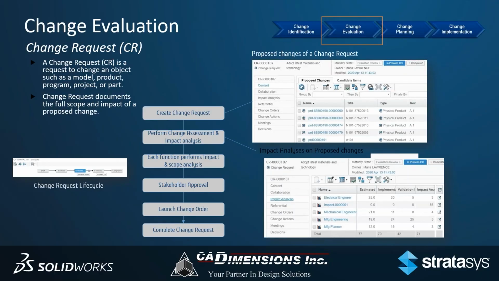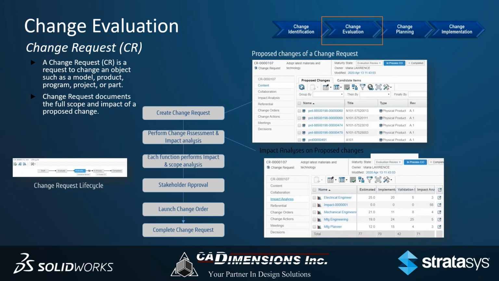The next step in the process is what we call change evaluation. This is where we start to build in change requests. Change requests is where we start to get a little more formal on what we're doing. We're proposing changes. We're understanding the impact of a change.